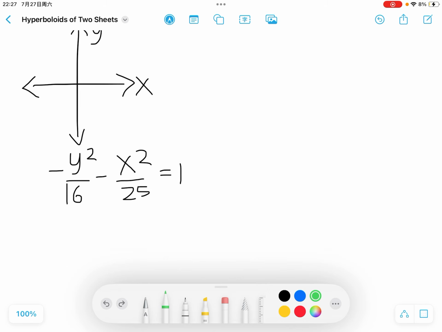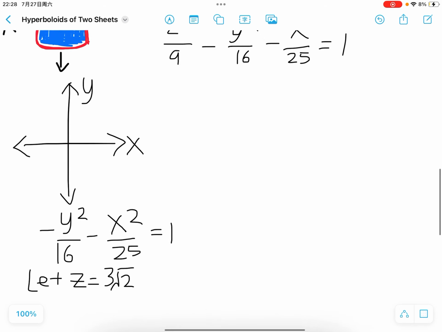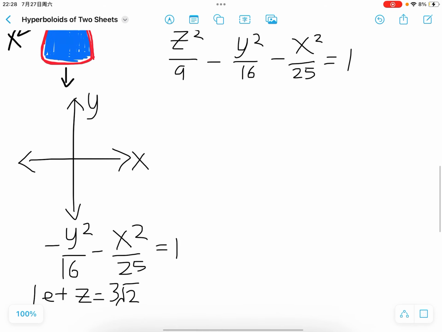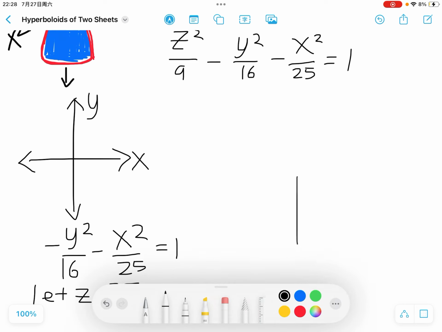So we let z be equal to root 18, or you can say 3 root 2. Therefore you have z squared over 9, which is 2, minus this equation. So basically you get negative y squared over 16 minus x squared over 25 is negative 1.